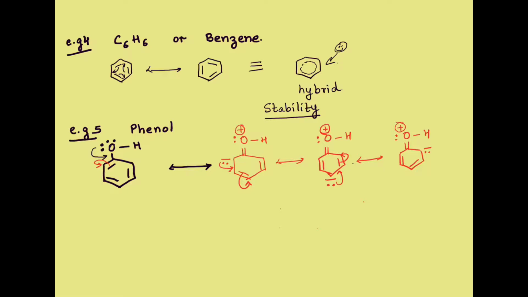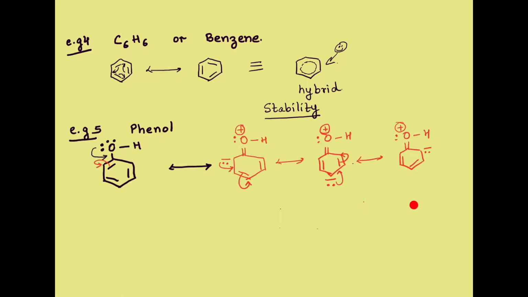Now, if you notice over here in these structures, I have got a positive charge on oxygen. Now, what kind of an atom is oxygen? Is it electropositive or electronegative? Do you have it on the left hand side of the periodic table or the right hand side? Yes, you have it on the right hand side. It prefers to be electronegative.